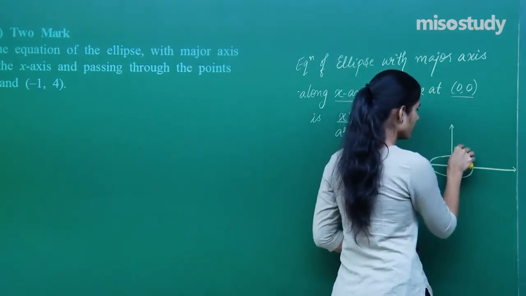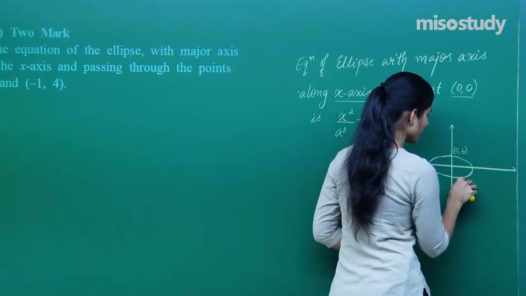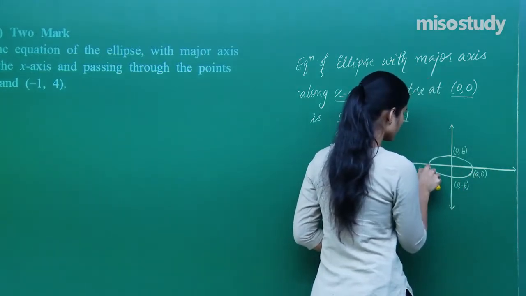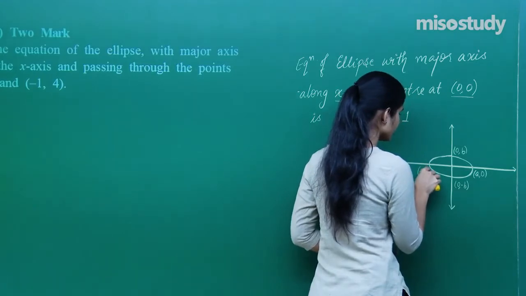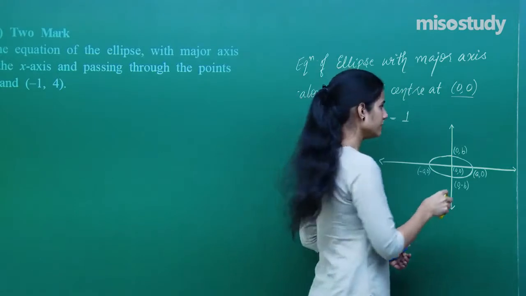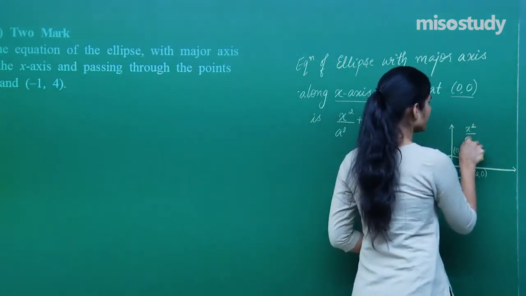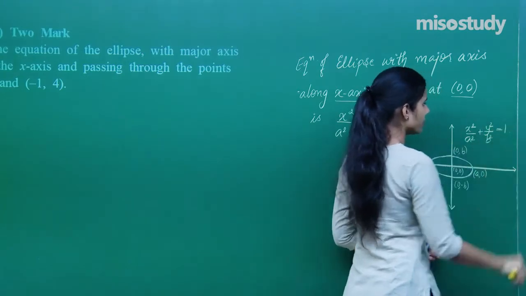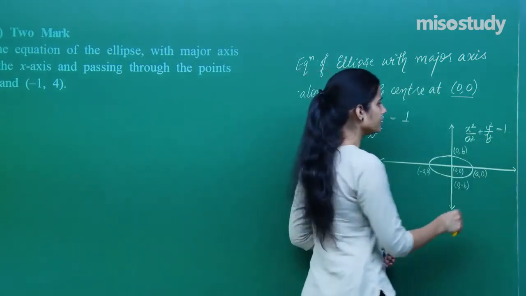So this is (0, b), (0, -b). This is (a, 0) and this is (-a, 0). And this point is (0, 0). The equation of this is x square by a square plus y square by b square equals 1. A is clearly greater than b.